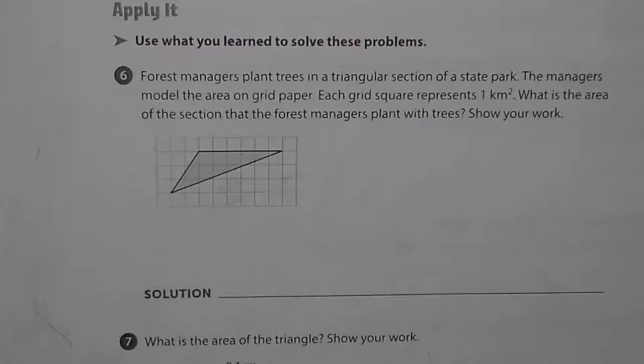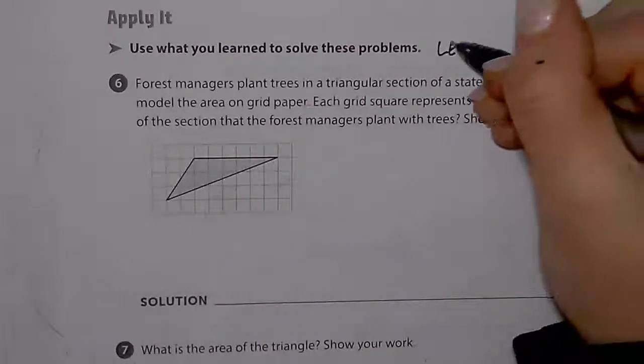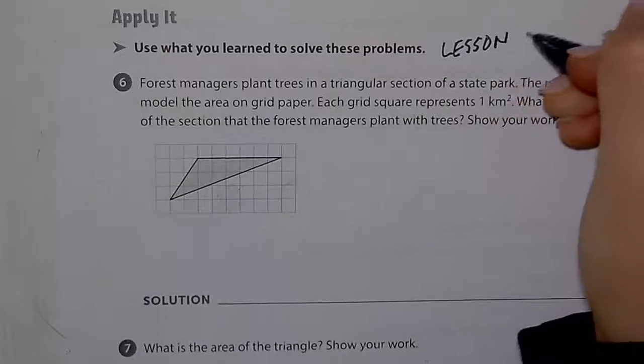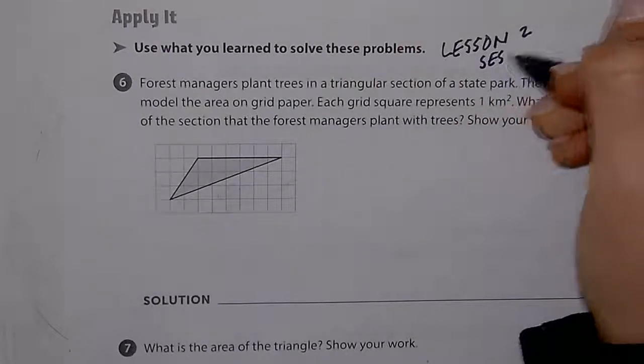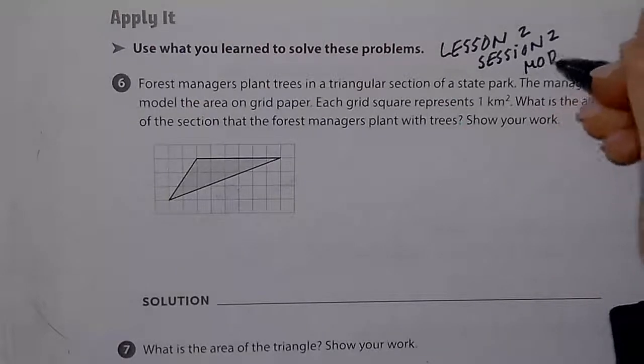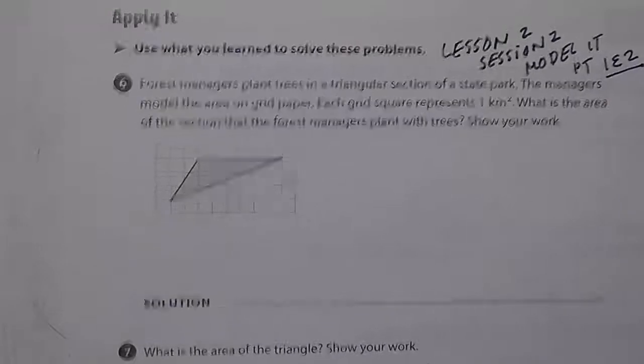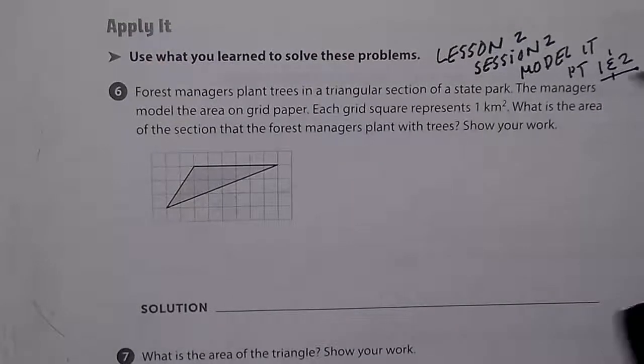In the last lesson, and if you forgot, you can head back to my YouTube channel and find lesson 2, session 2, model it, part 1 and 2, if you need a refresher on this work.